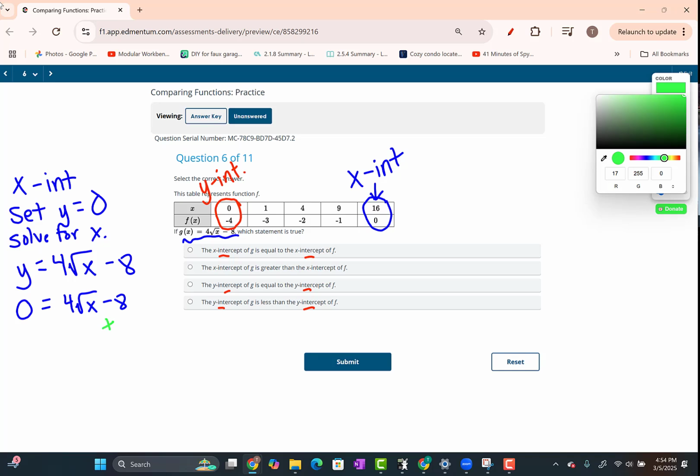So I'm going to add 8 to both sides. And then we're left with 4 times the square root of x equals 8. Divide both sides by 4. This gives us 2. So then we get the square root of some number equals 2.